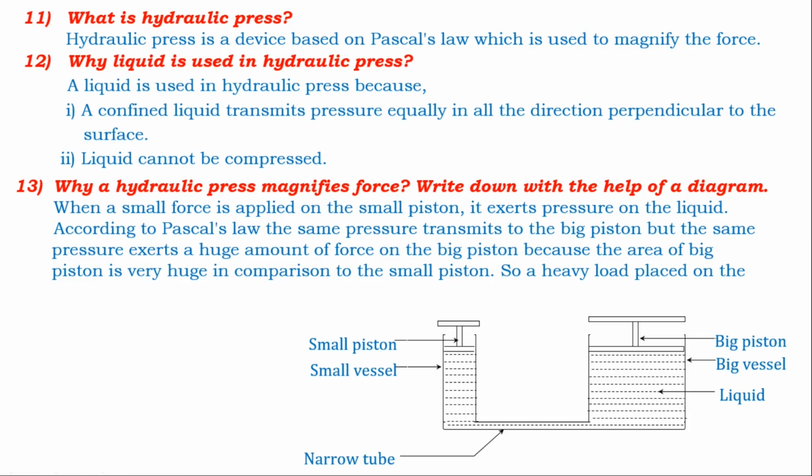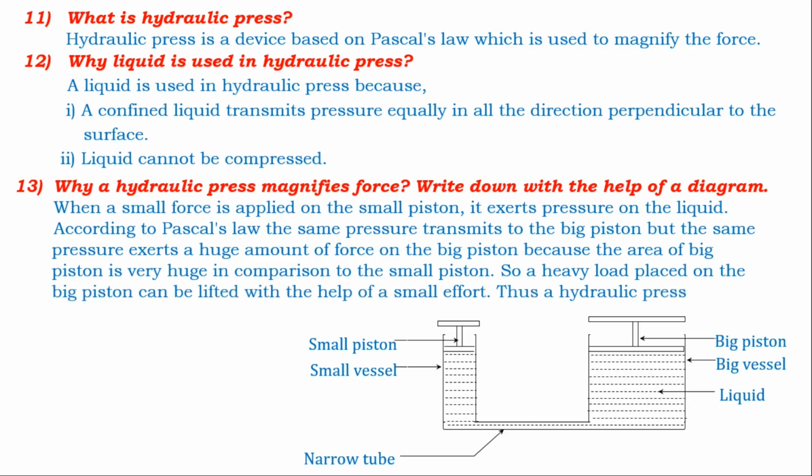So, a heavy load placed on the big piston can be lifted with the help of a small effort. Thus a hydraulic press magnifies the force. The major reason is the same pressure transmits to the big piston, but the area of the big piston is very huge, so the force magnifies.